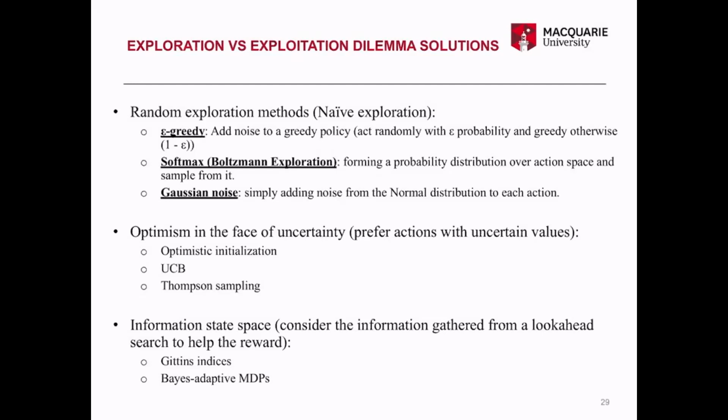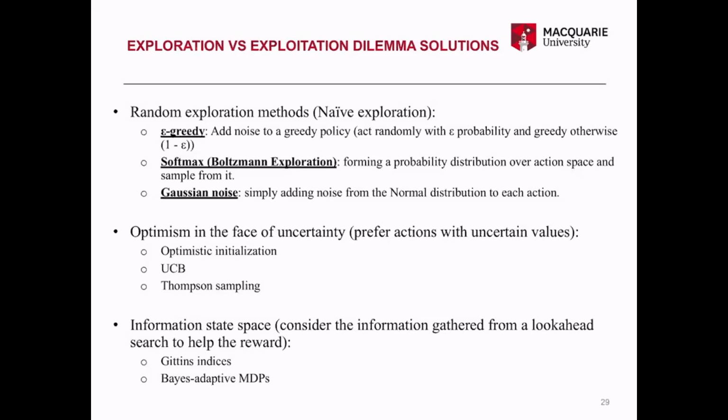The one that we're going to focus on today is epsilon greedy. It's basically adding noise to a greedy policy. It says to act randomly with epsilon probability, and it's usually small, or normally we may start from large values, but then finally we reduce that to smaller values. So we randomly choose stuff 10% of the time, but 90% of the time we act greedily. We choose the best one.